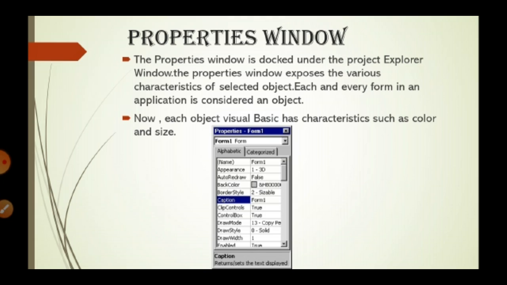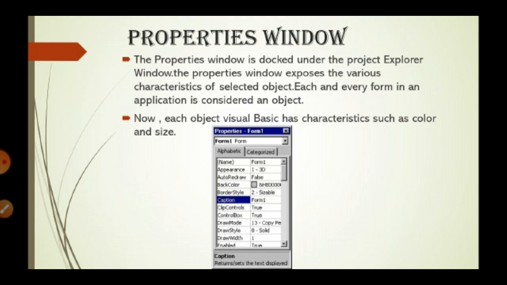It means a particular control or object has particular characteristics like size, various types of border color, control box. So it consists of various types of properties. Now see this is the property window image.